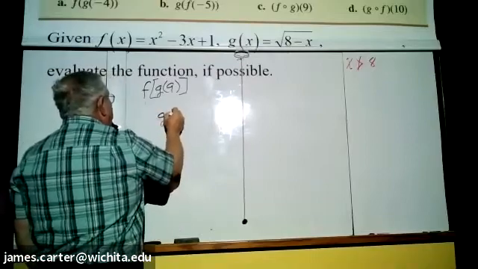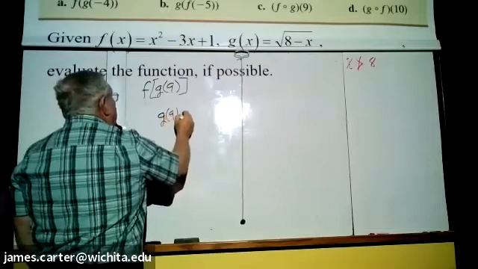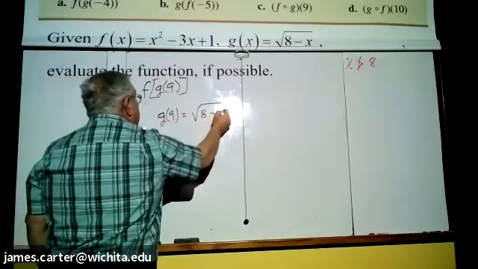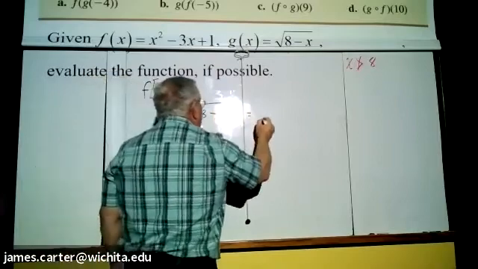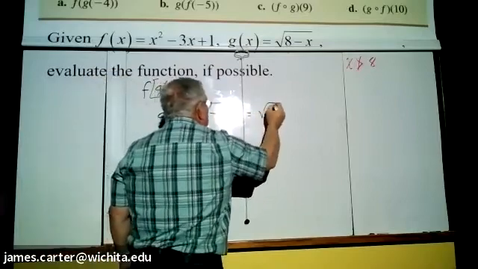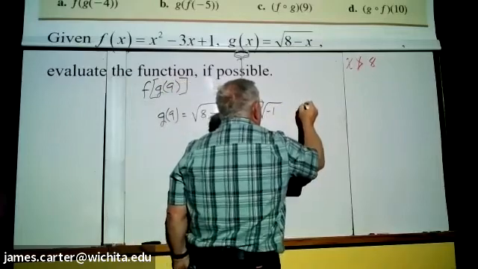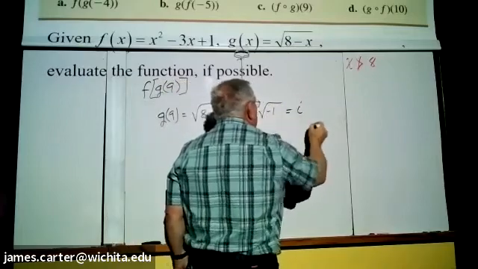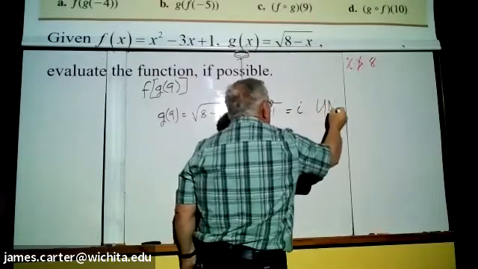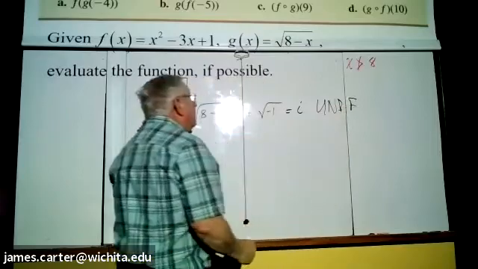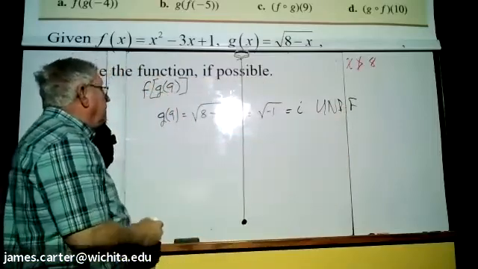G of 9 is equal to the radical of 8 minus 9, which equals the square root of -1, which is i, undefined.